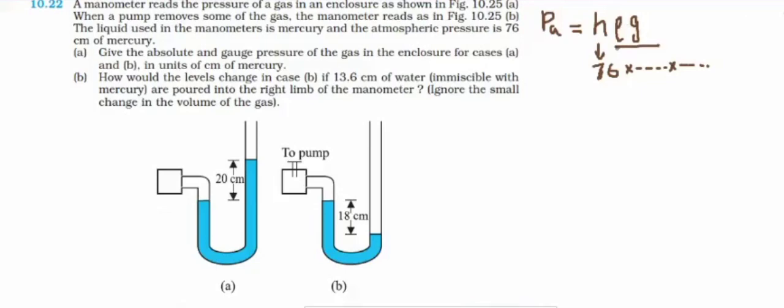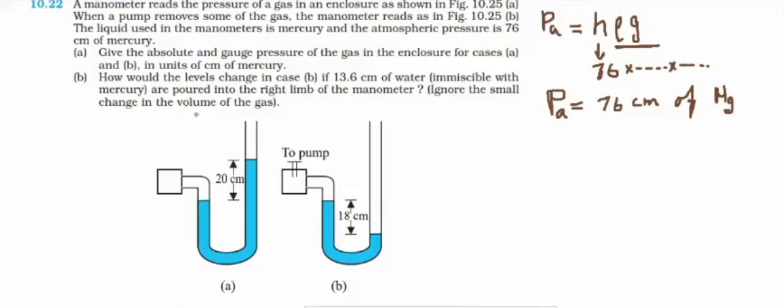Assuming these two quantities are constants, we can express atmospheric pressure in terms of centimeter of mercury, considering only H. So atmospheric pressure is 76 centimeter of mercury. Pressure can be expressed in terms of centimeter of mercury.